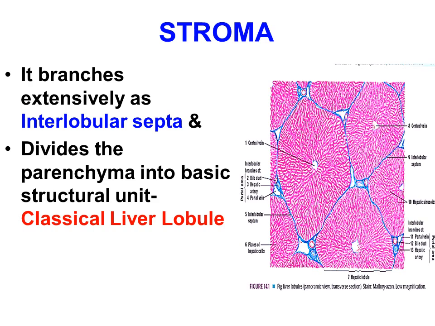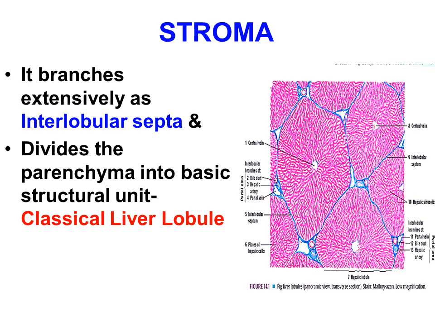The connective tissue branches repeatedly and extensively and ultimately forms the interlobular septa, thereby dividing the parenchyma of the liver into the basic structural unit, that is the classical liver lobule.